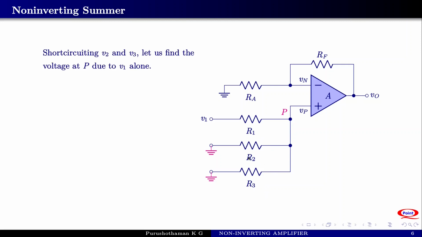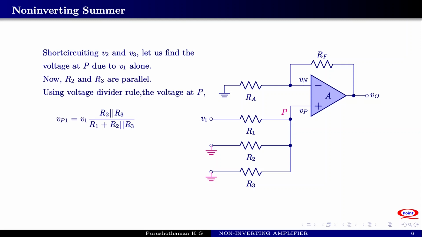So we can write the expression like this. Vp1 is the voltage at P due to V1 alone. That is a notation that we are using here. V1 into R2 parallel R3 divided by R1 plus R2 parallel R3. We use the simple potential divider rule here.